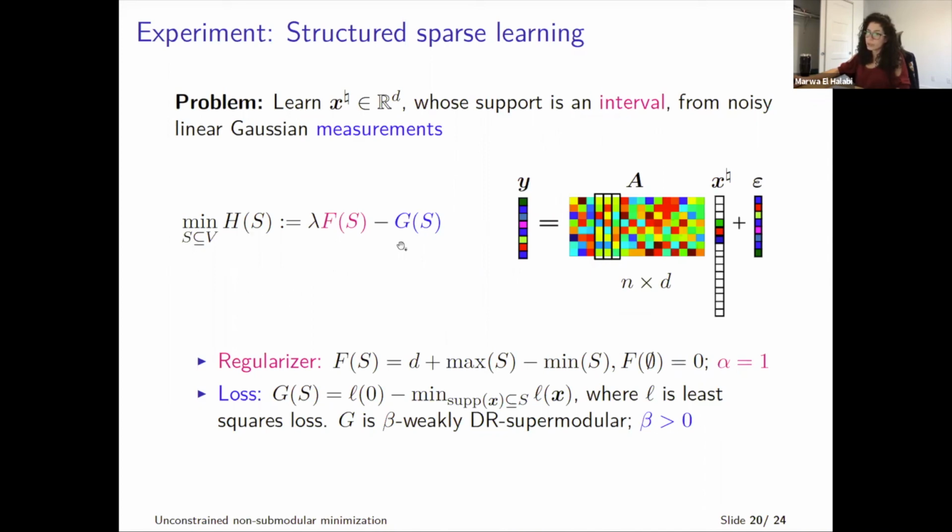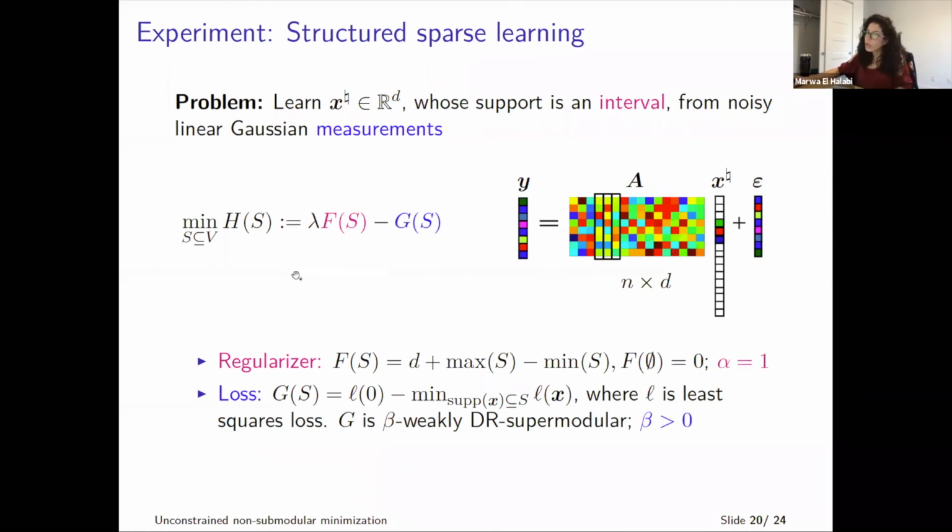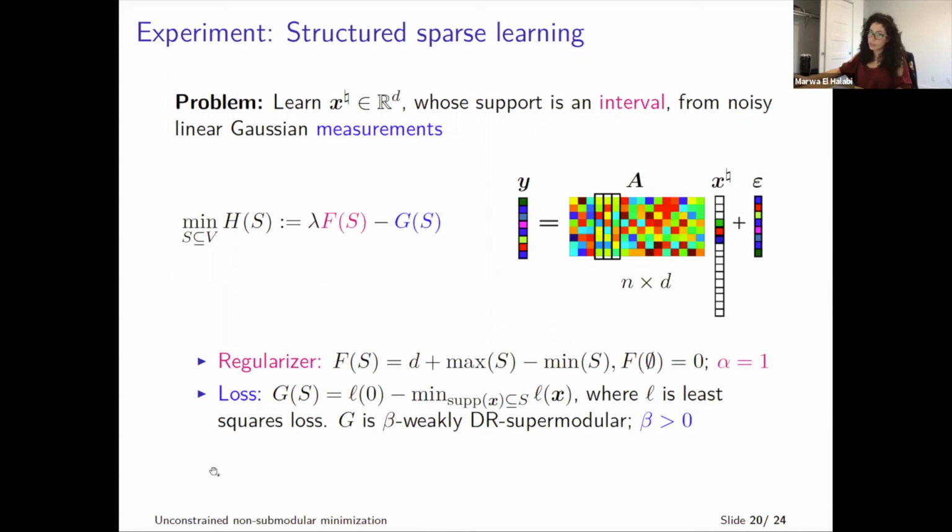So we want to minimize h, which already has the decomposition form that we want. We don't really need to find the decomposition. In this case, G is characterizing how well we're fitting the observation. In particular, it's equal to the minimum of the loss, which is a least square loss, restricted to the support S. And that's why this is a set function.